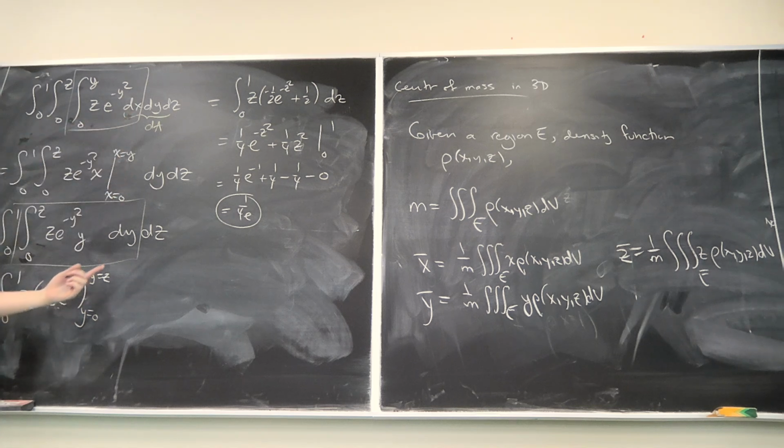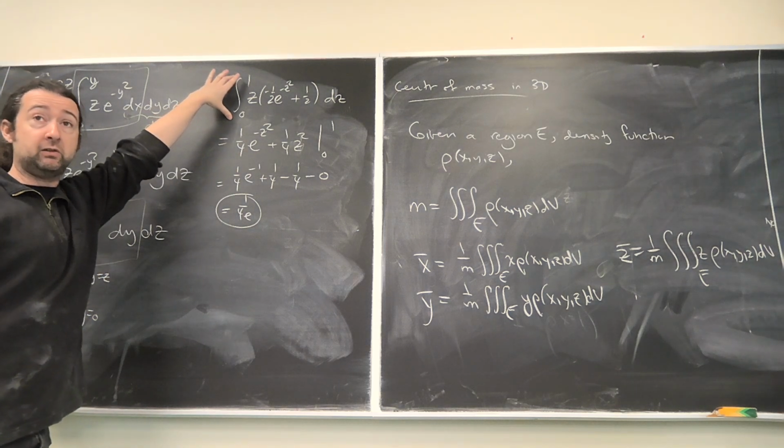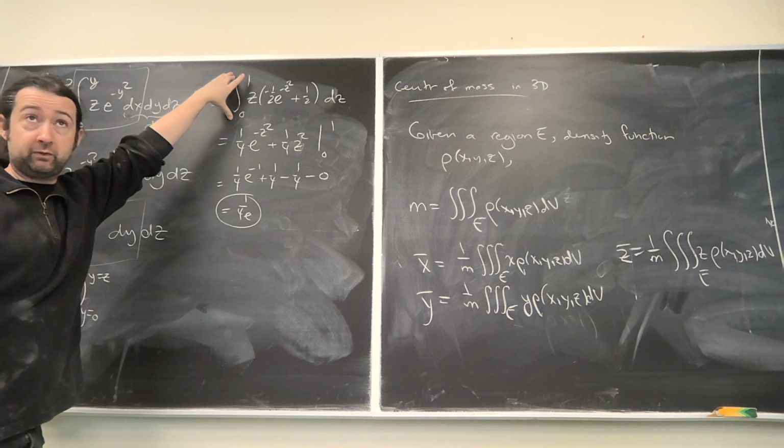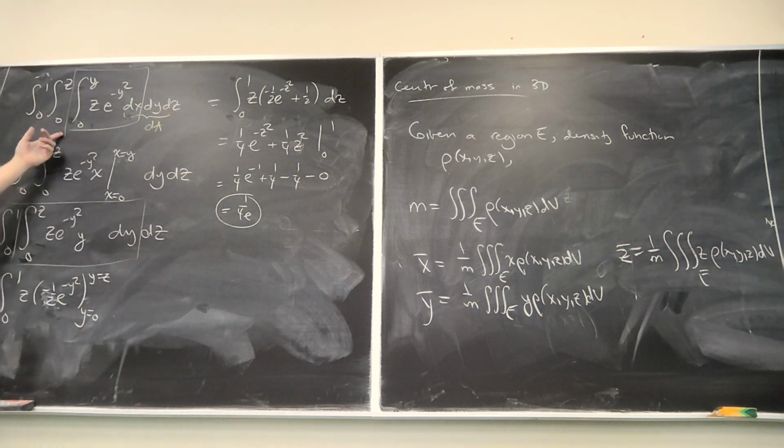When I integrated with respect to y, I got rid of all the y's that were left. And finally, when I integrate with respect to z, it better be the case that I'm integrating with respect to numbers, or there'll be variables left over when I'm finished. The order of integration sets up what can be functions of what when we set up our limits of integration. And that is the hardest thing about doing this.